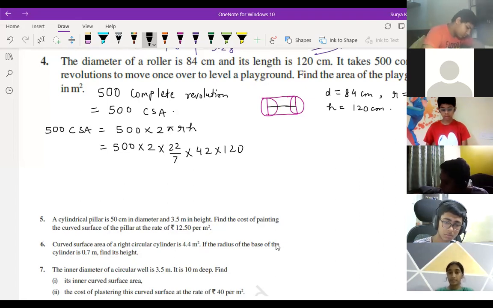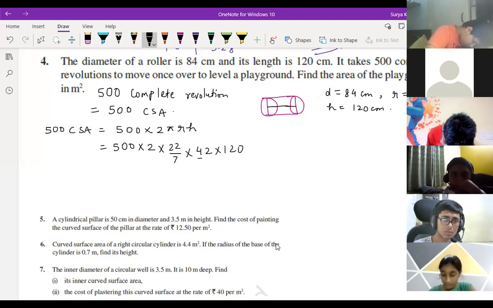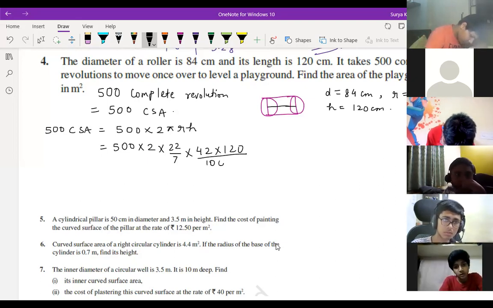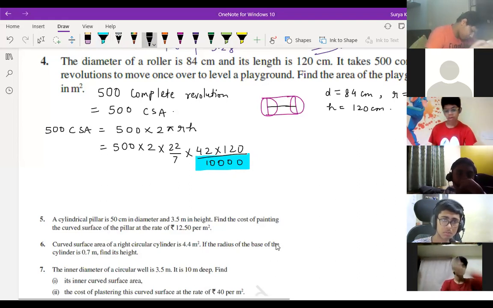But all this we are doing in centimeter square, children. So first you do it in centimeter square only, and then you can divide by 10,000. I'm just making one round over here so that it will be easier. So this whole thing becomes in meter square.